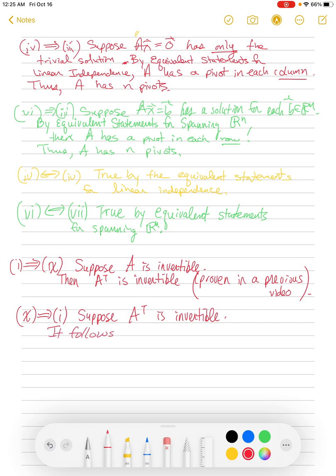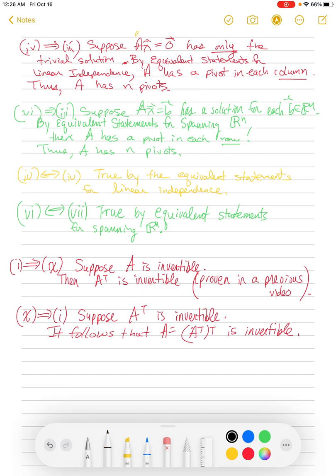So it follows that the transpose of a matrix is invertible. So if I take A transpose and transpose it, that must be invertible. If the transpose of a matrix is invertible, and we know A transpose is invertible, then A transpose transpose is invertible. And what's another name for A transpose transpose? We know that's A. So that proves that A is invertible.